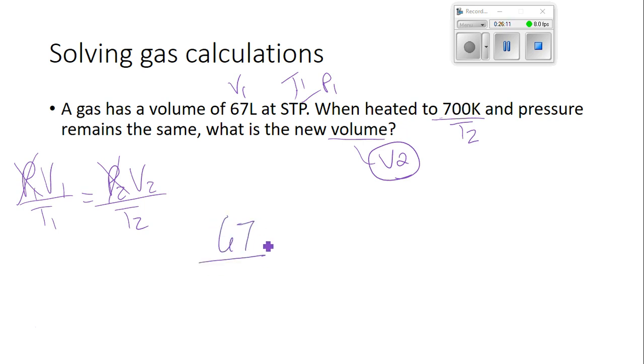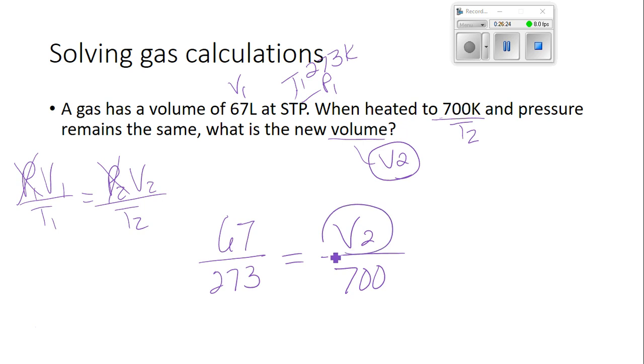67 at, okay, I need standard temperature, and I remember that that's 273 K, so 273 is equal to V2 over 700. Okay, I want to solve for V2, so that means that needs to stay right there.